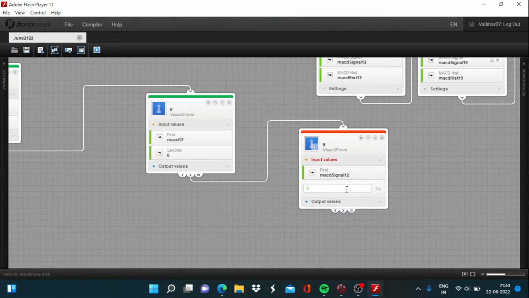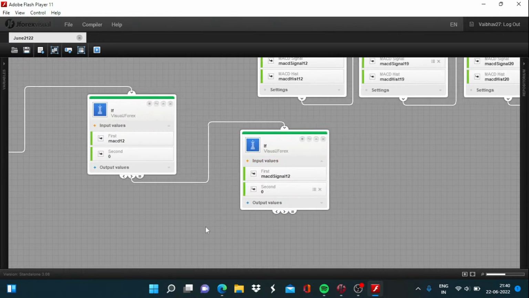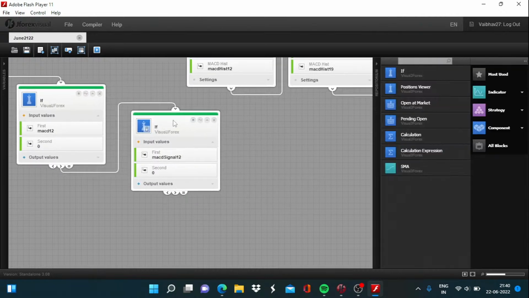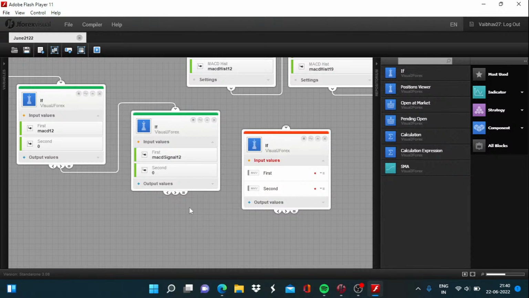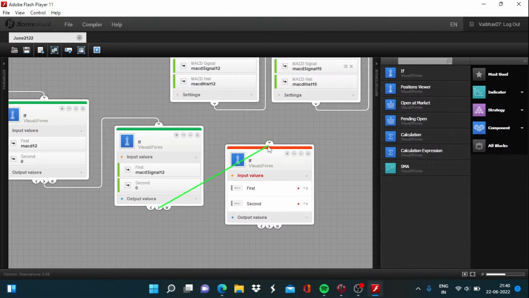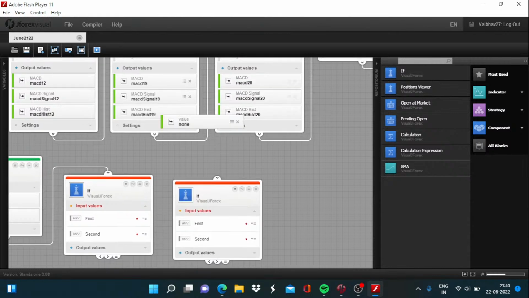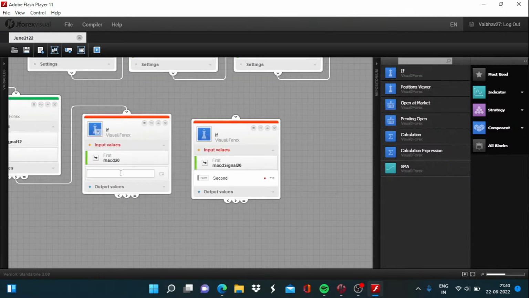Again, it will be 0. Five hours back also, it should have remained in the positive territory only. So we consider the MACD 20 and MACD signal 20. Both these values will need to be greater than 0.